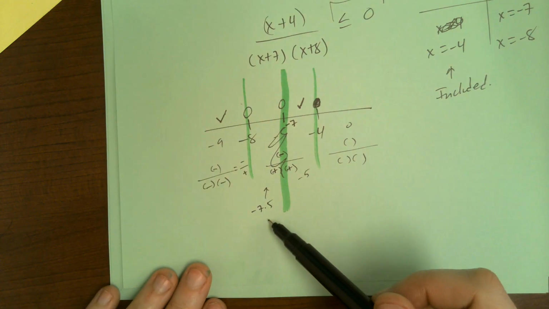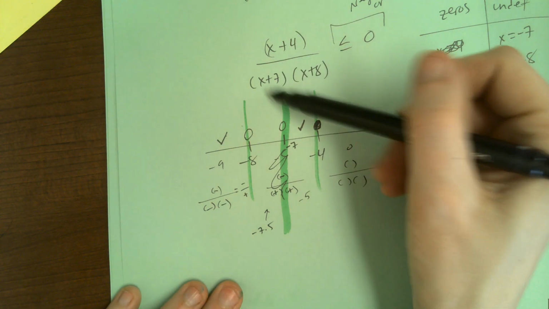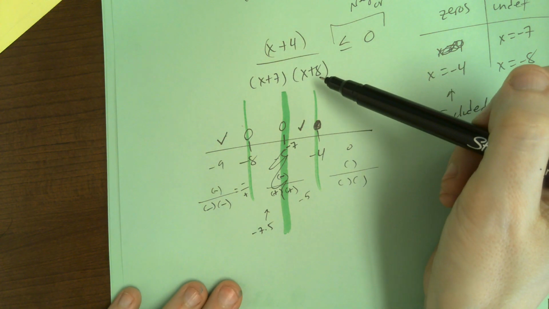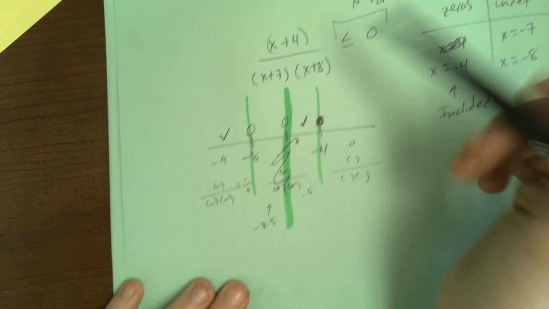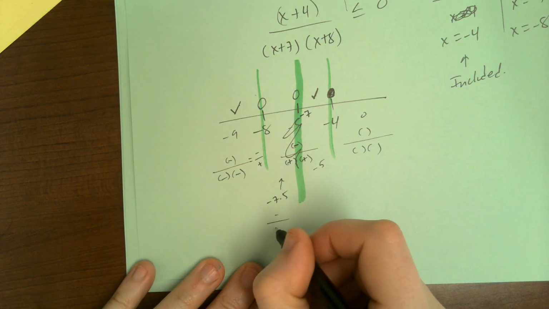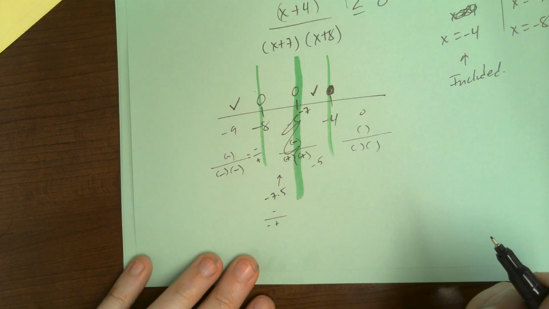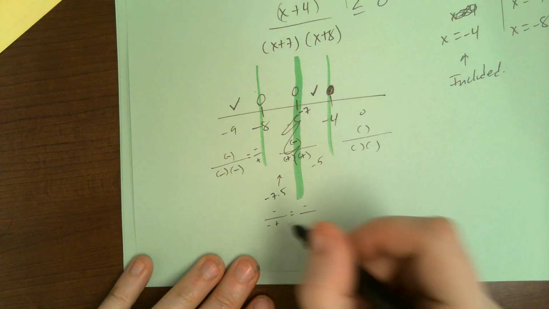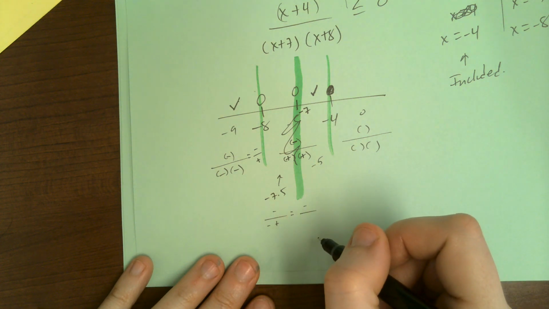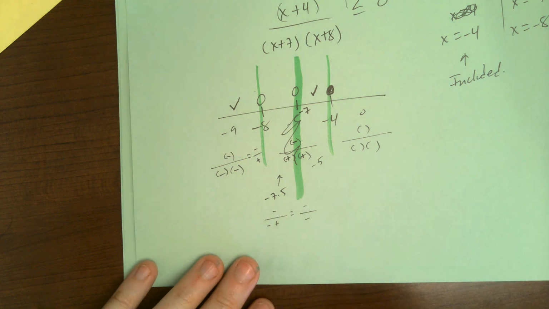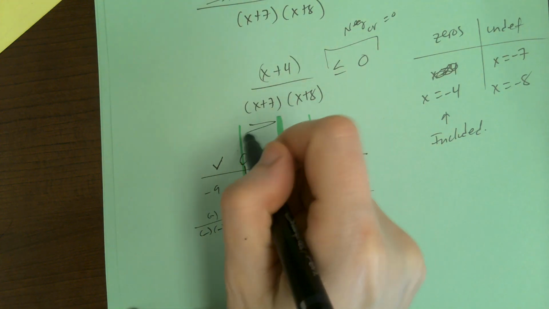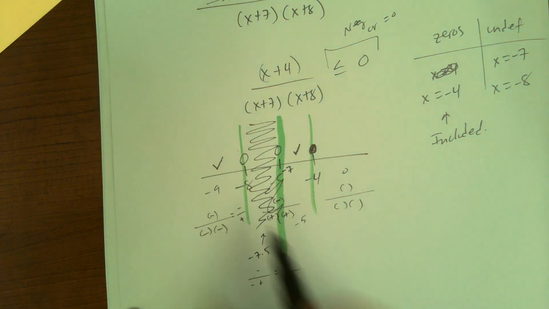Negative 7.5, I'm plugging in for these x's. Negative, negative, positive. So I'm getting a negative over a negative times a positive. Negative on top. But then in the bottom, negative times positive is negative. So I'm getting a negative over a negative, which is positive, which I don't want.